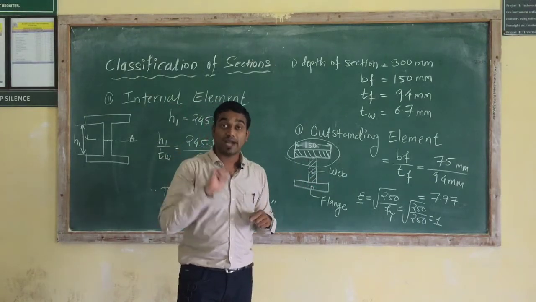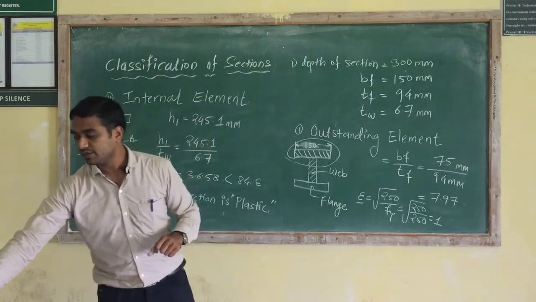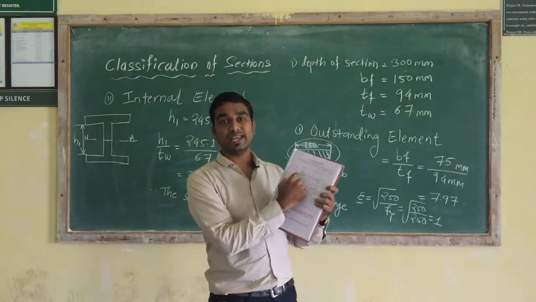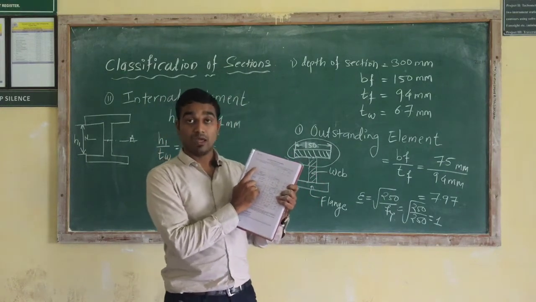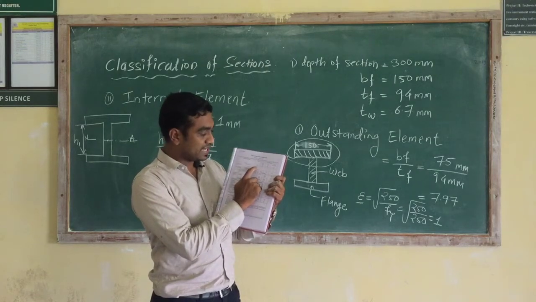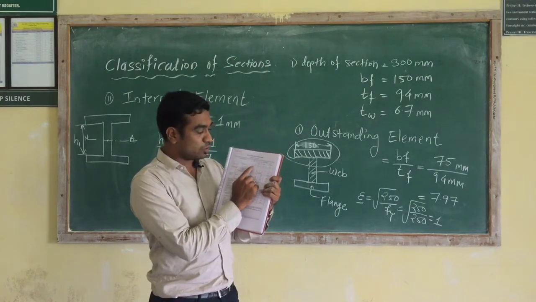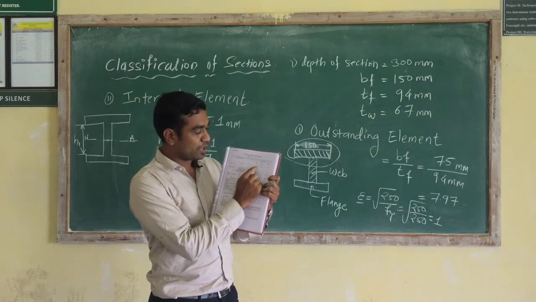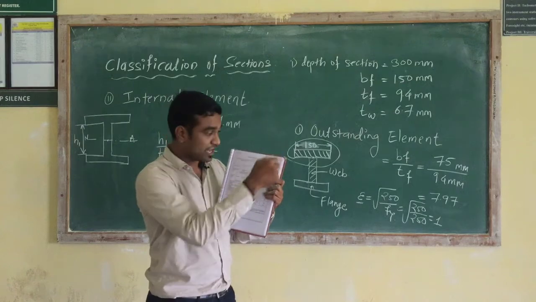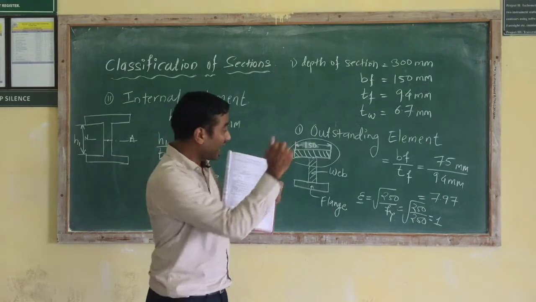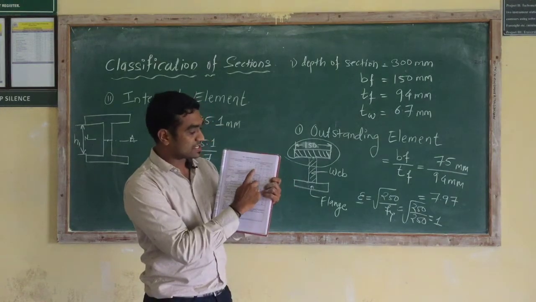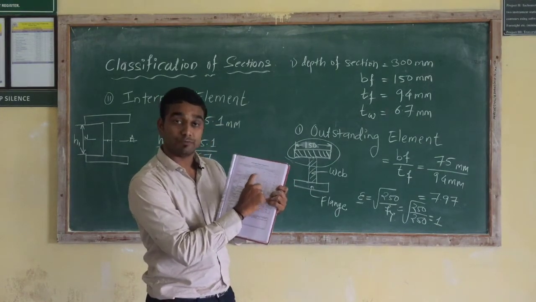Again you go to the IS code, table number 2. For the outstanding element, first line, outstanding element, rolled section, B upon TF. The limits are 9.4 epsilon, the next value is 10.5, and the next value is 15.7, but our value is 7.97, that is, this value is less than 9.4 epsilon.